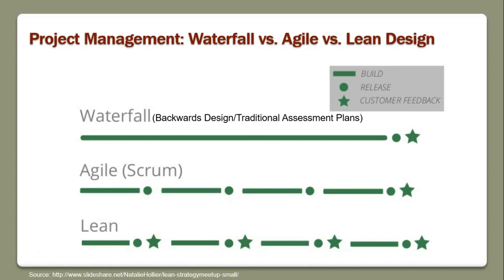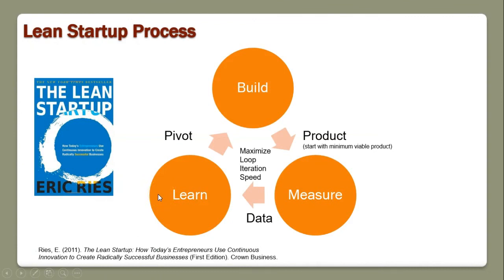Whereas with Agile, you might slowly release new parts of the program each week. But the idea behind Lean is you would maybe once a month make major modifications to the program and iterate until you get a good program, and then you can stabilize it. And that's the idea behind this Lean Startup.